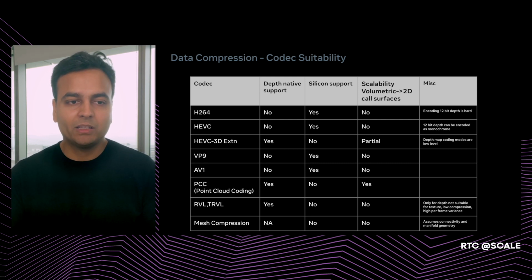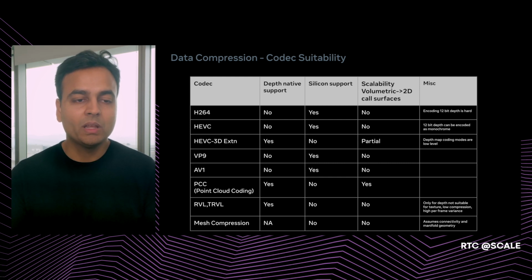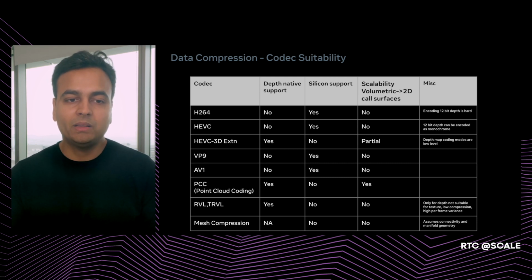RVL and TRVL are some depth-specific coding tools which can offer good compression, but they have very high per-frame variability, which can make them unsuitable for real-time applications. Then there is mesh compression. There are several algorithms available which can compress mesh, but they assume connectivity and they don't work very well on non-manifold geometry. So for example, if you want to compress hair or a complex piece of clothing, then they are not going to do a good job.